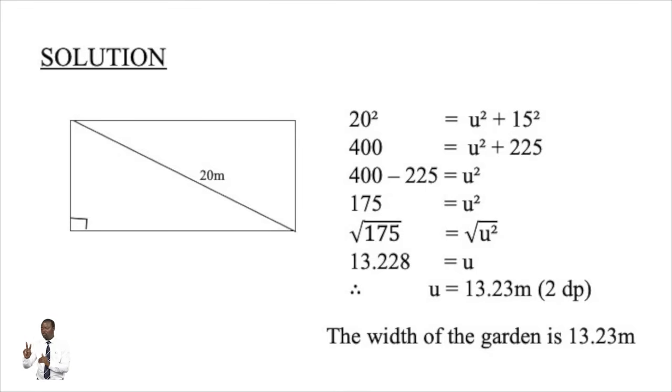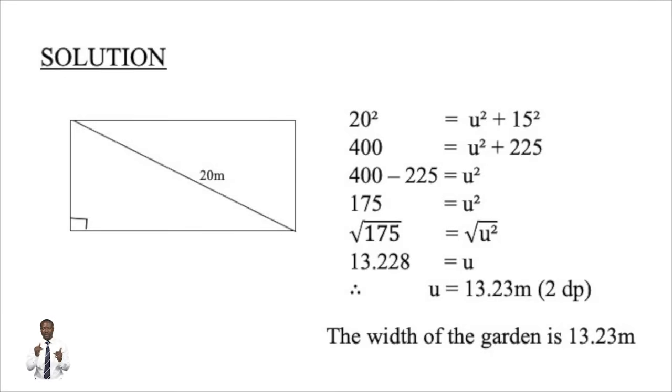The difference gives us 175. So to find u, we must take the square root of both sides. So we have the square root of 175 being equal to the square root of u squared. The square root of 175 gives us 13.228.